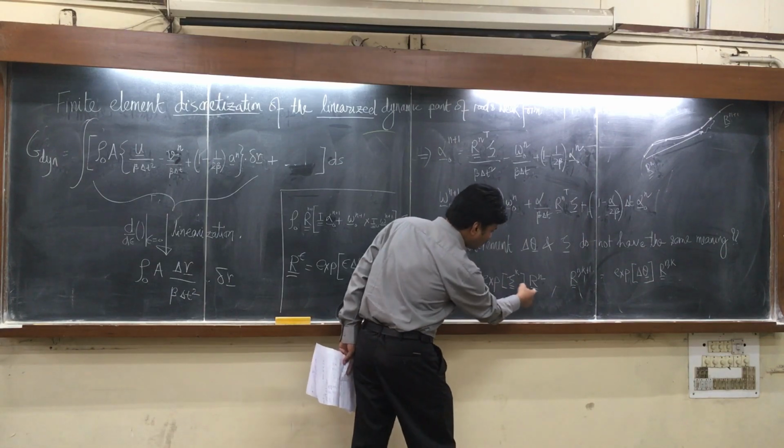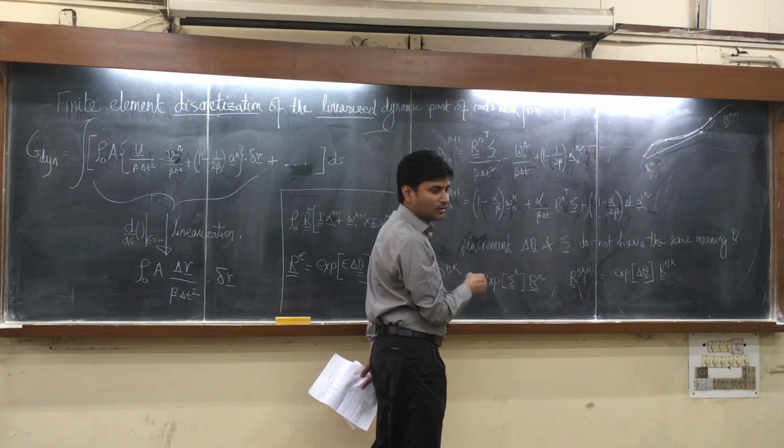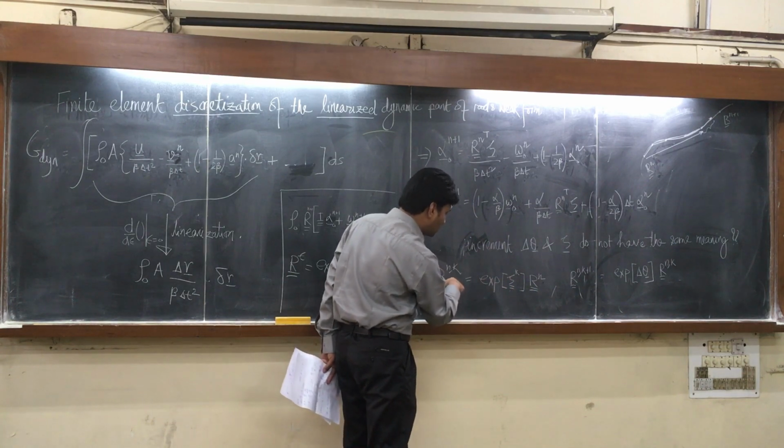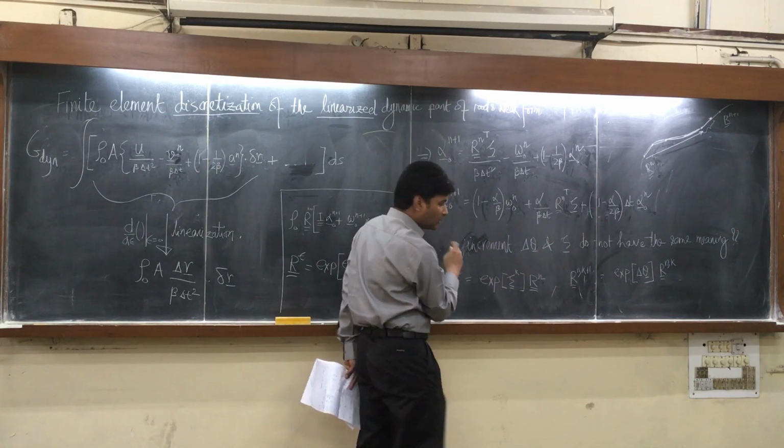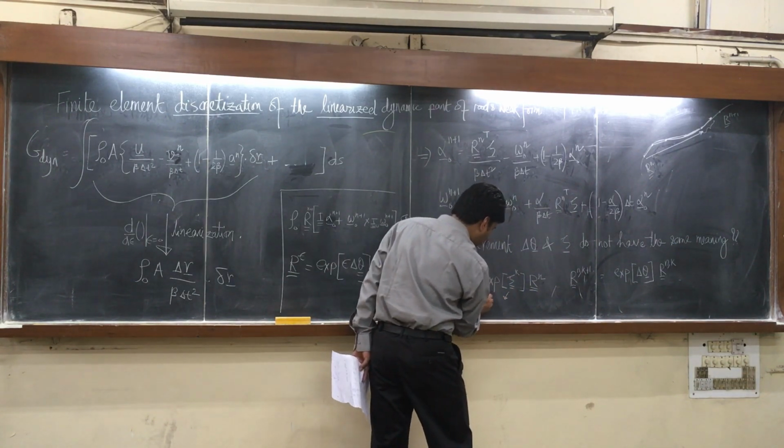Because this is with respect to Rn, and this has to give you the current value of the rotation, this is actually a compound rotation.